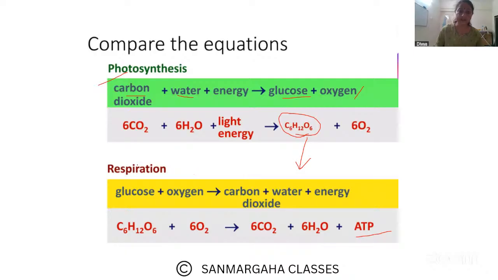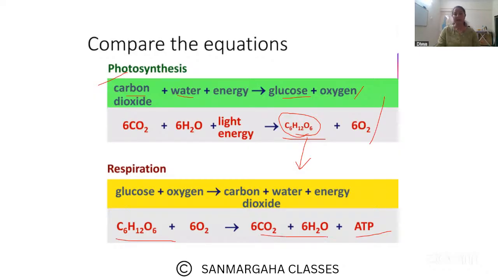Formation of glucose takes place in photosynthesis, whereas breakdown of glucose takes place in respiration. In photosynthesis the byproduct is oxygen, whereas in respiration it is carbon dioxide and water.